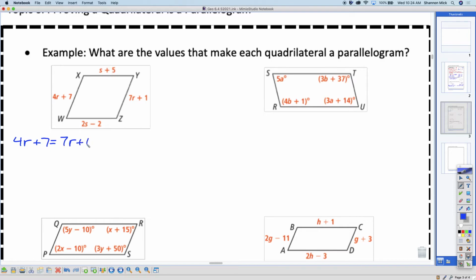And also, s plus 5 equals what? 2s minus 2, because I know opposite sides are congruent, correct? And now I have two algebra problems that I need to solve. So hopefully you're solving them right now.